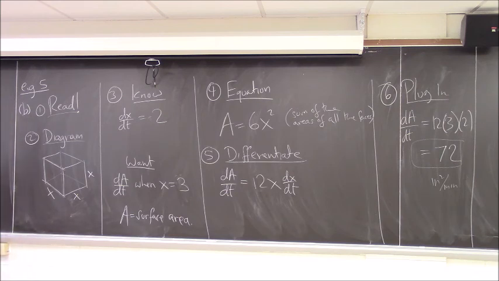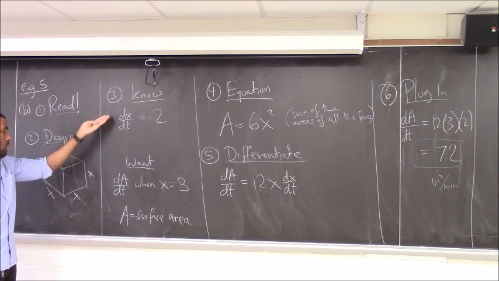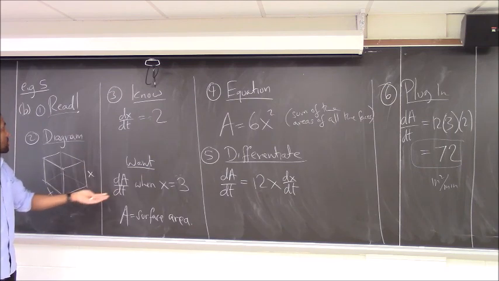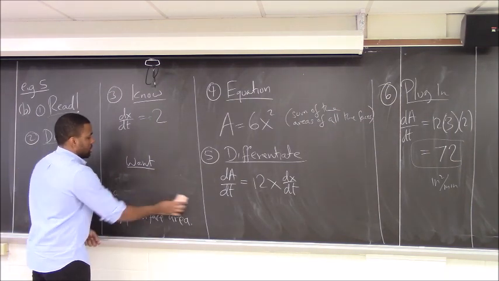So in problem 5, it's still describing a cube, so we already read, it's the same diagram. It's the same thing that we know, but what we want is different, right? So all of these are going to be different.